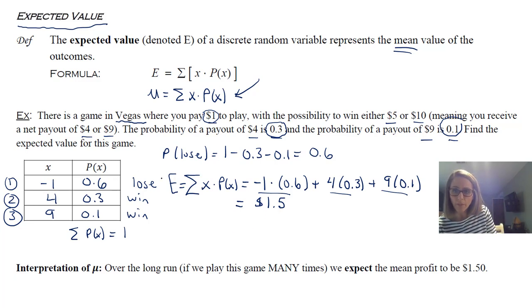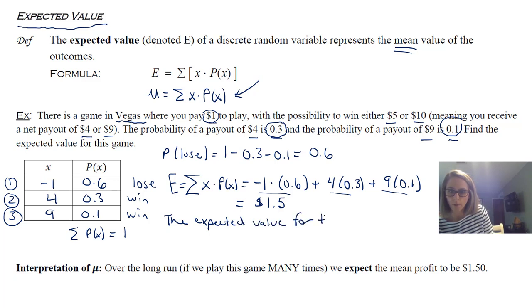So the idea is the expected value for this game is to win, because that number is positive, $1.50 per game.